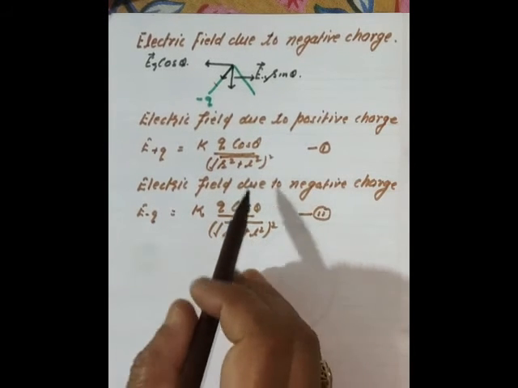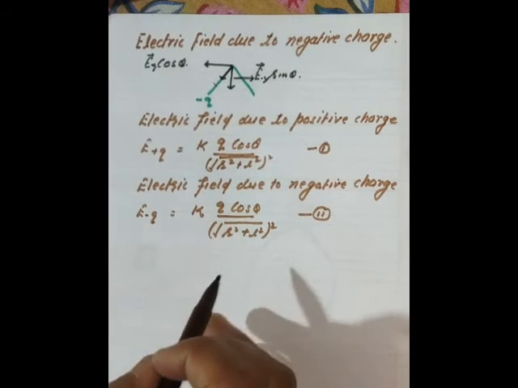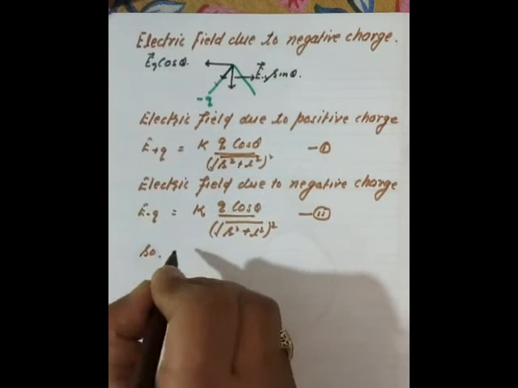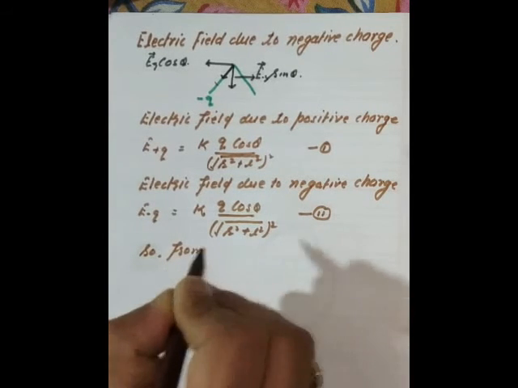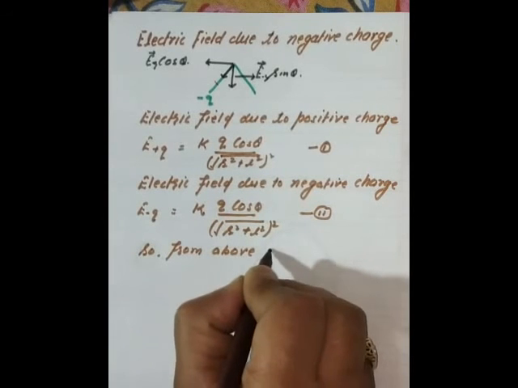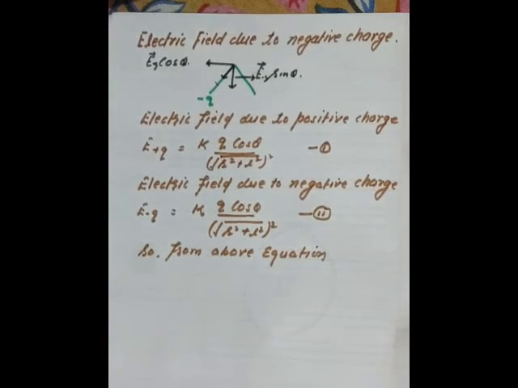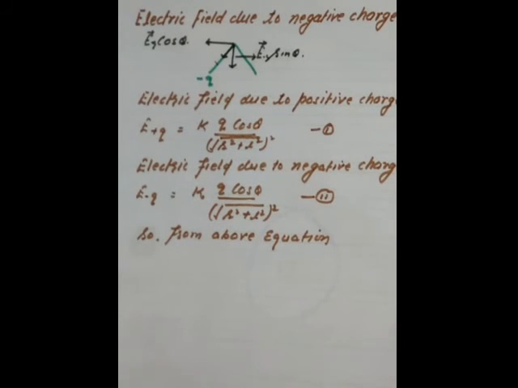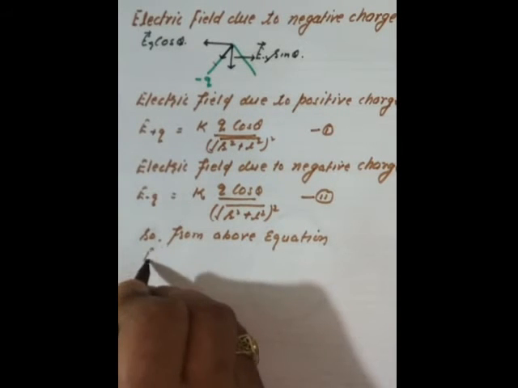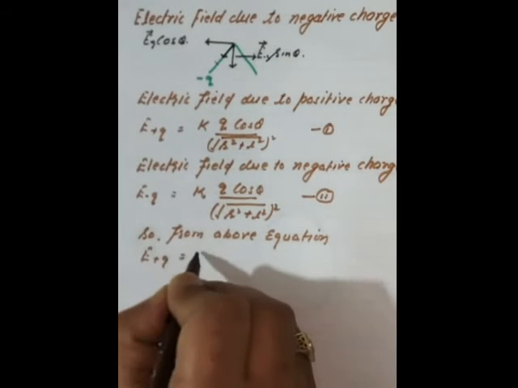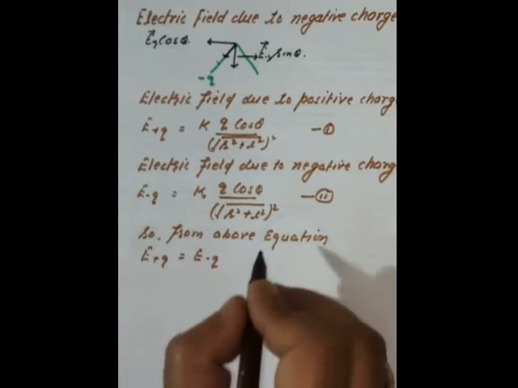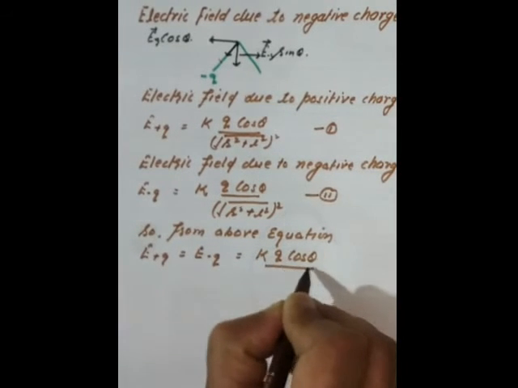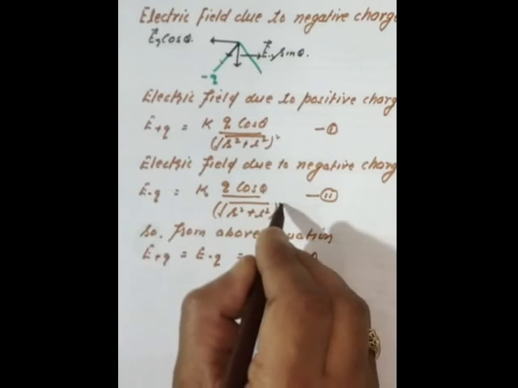From these two equations, when we see both the magnitudes are same, so from the above equation we can write the magnitude of the positive charge field is equal to the magnitude of the negative charge field, equal to kq cos theta upon, this square should cancel out the root.